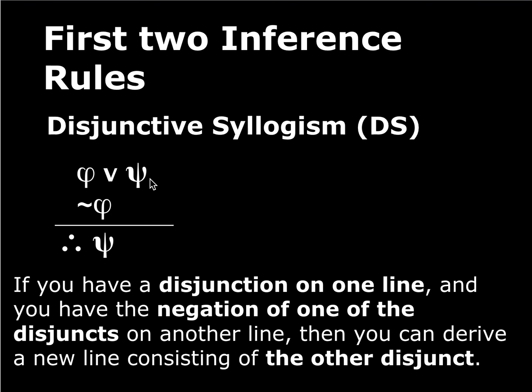Doesn't that mean they have to be different statements? No, because remember, the Greek letters are variables, and the variables can stand for anything. The one thing you have to keep in mind is that no matter what phi stands for, phi is going to stand for the same thing no matter where it shows up. If phi is R, it's going to be R here, and R here. So it'll be R or something, and it'll be not R. But every time you've got the phi, it's going to be the same statement.